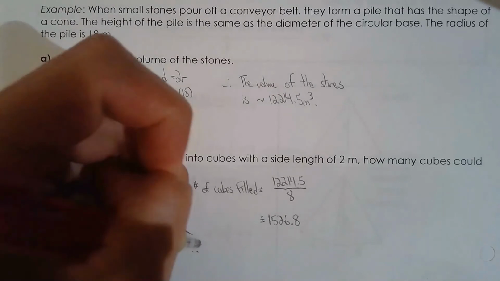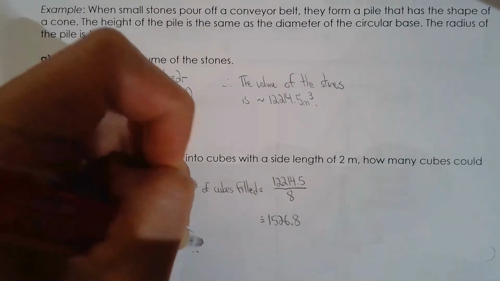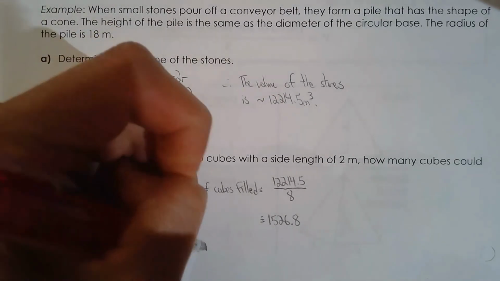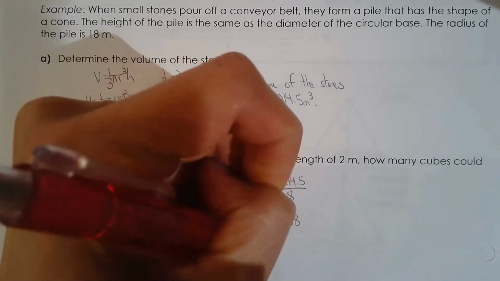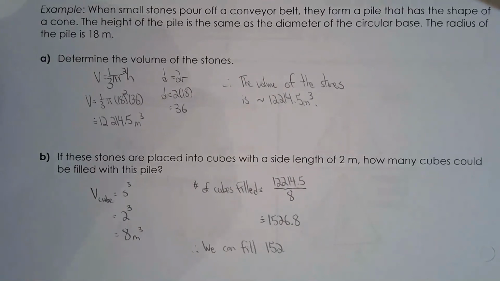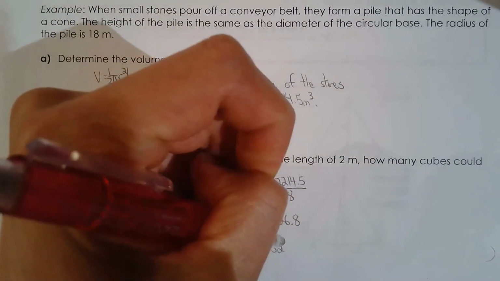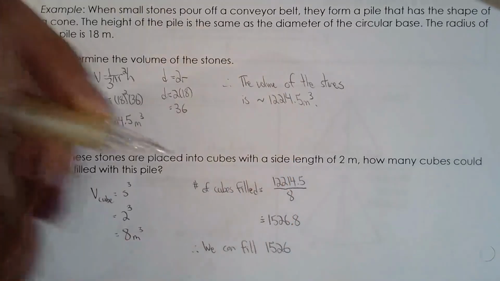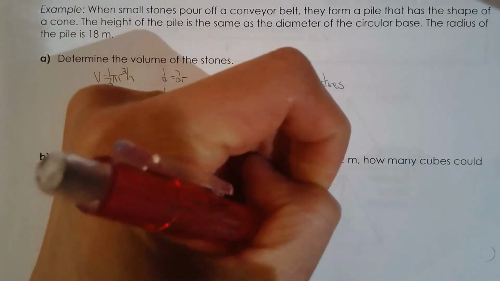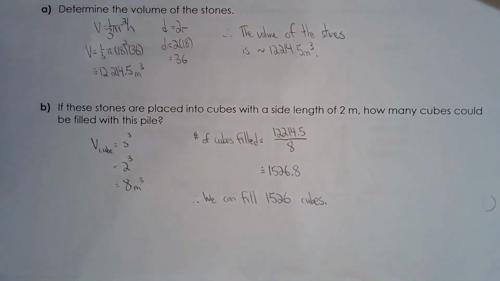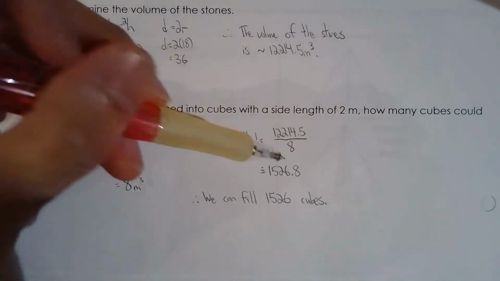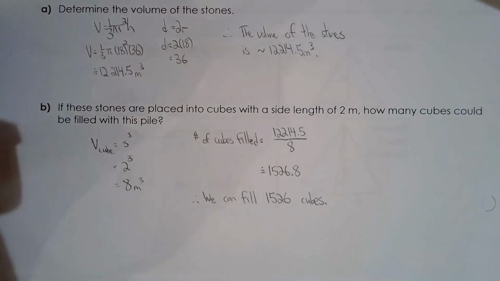So therefore, we can fill 1,526 cubes. We can only fill 1,526 cubes because you couldn't fill the 1,527th cube, right?